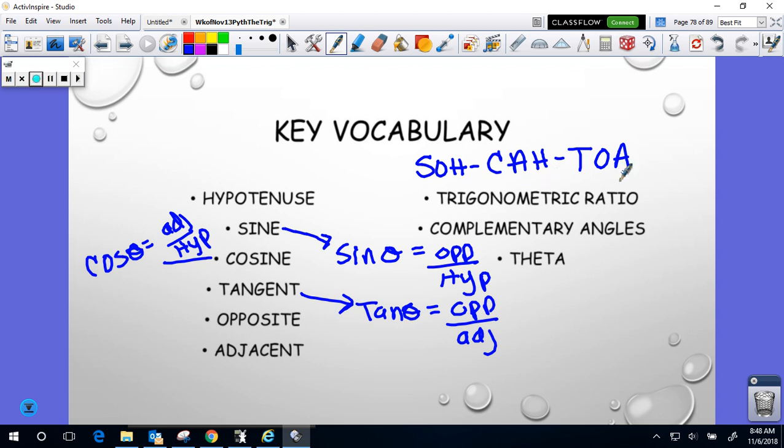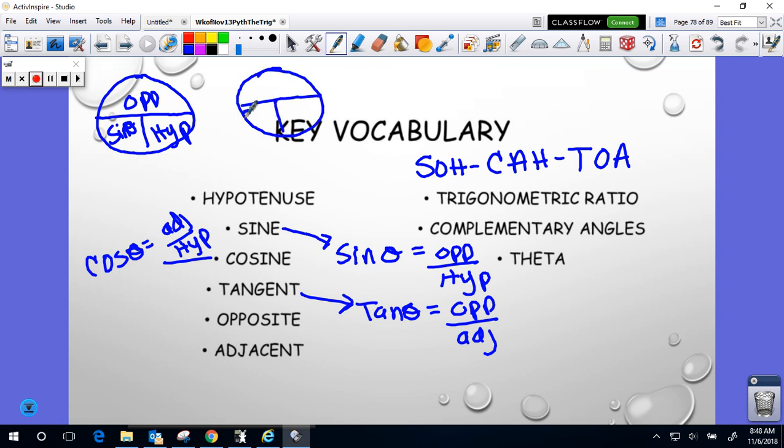So here's the ratio. Let me run over the circles one more time for you. If you need to use sine, then you're going to do sine theta equals opposite over hypotenuse. If you need to use cosine, then you get cosine theta equals adjacent over hypotenuse. And remember, you put your finger on the part you're trying to solve for. And tan, you're going to use tan theta as opposite over adjacent.